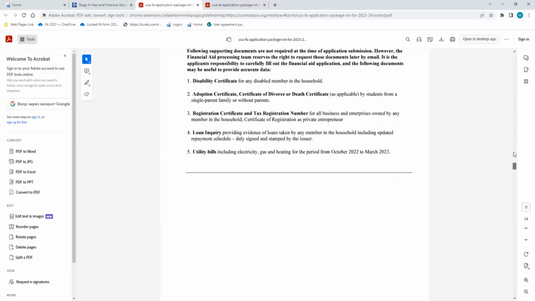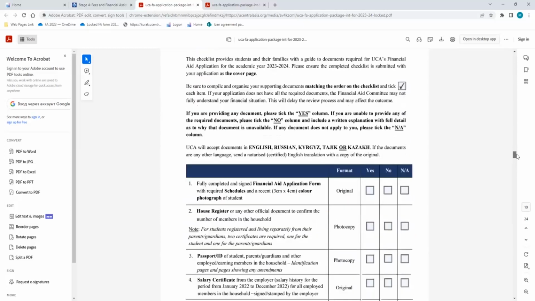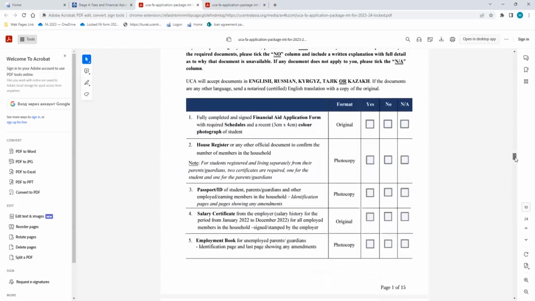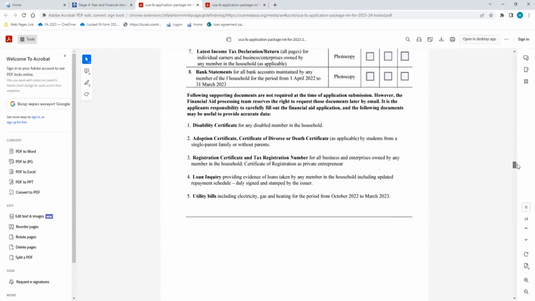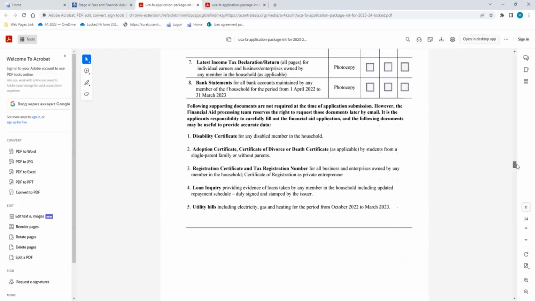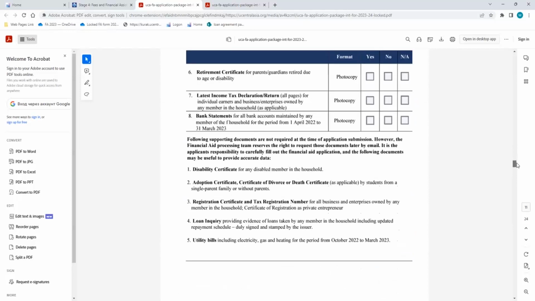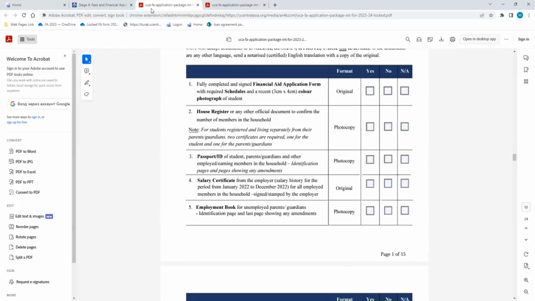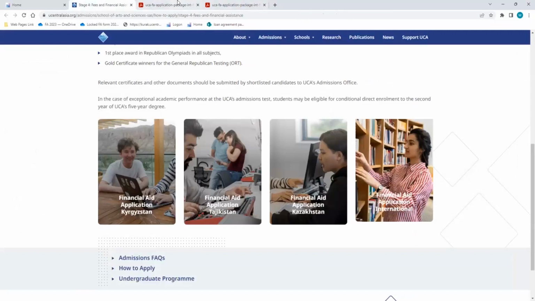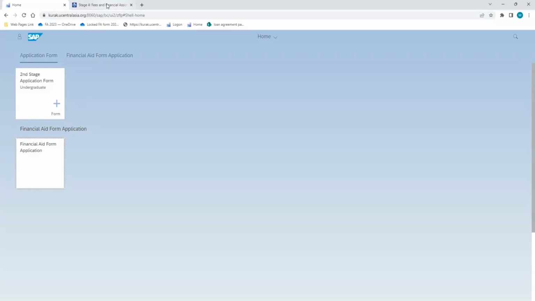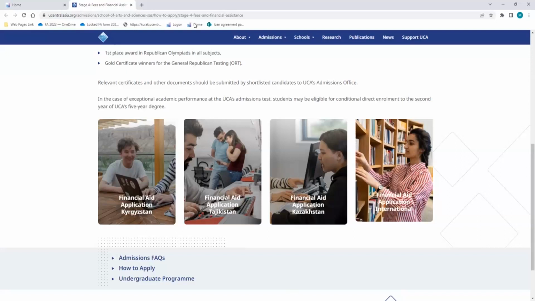So this is the checklist for mandatory documents and for those documents that may be required after you are asked to provide them. So far, I think we are done with the applications, and maybe most of you have already seen these two boxes, and you can ask your questions if you have any.